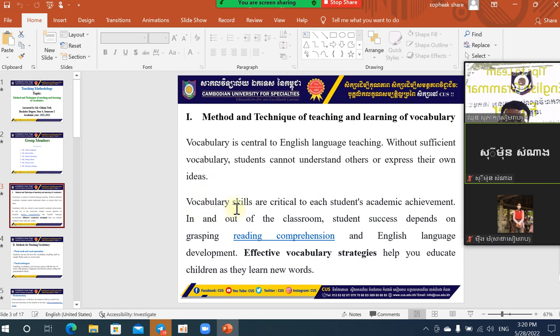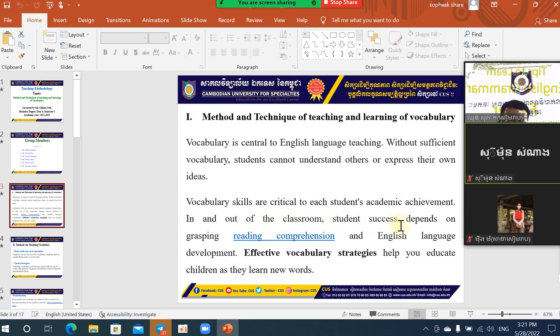And vocabulary skills are critical to students' academic achievement in and out of the classroom.